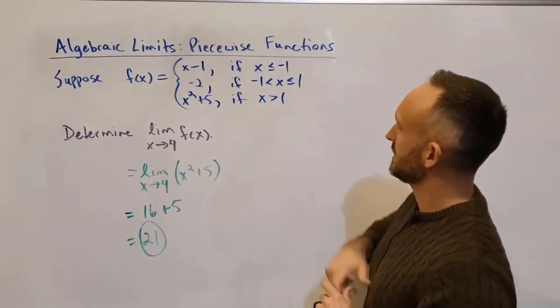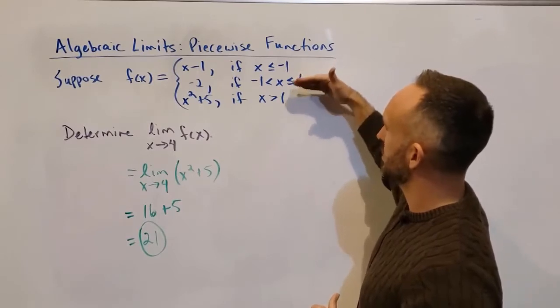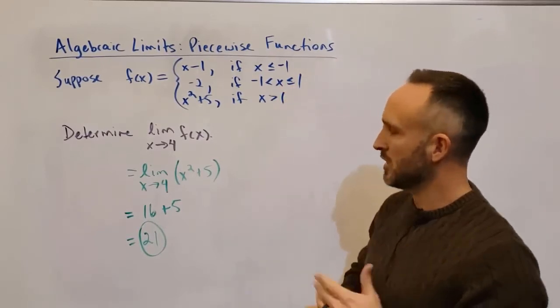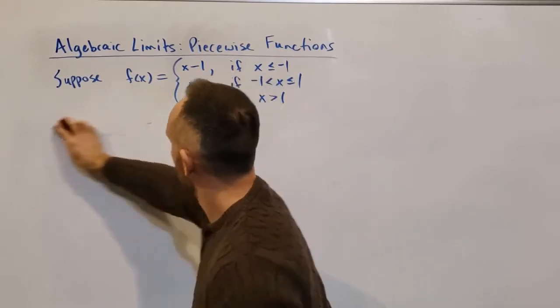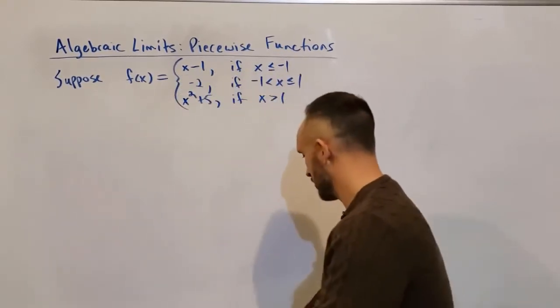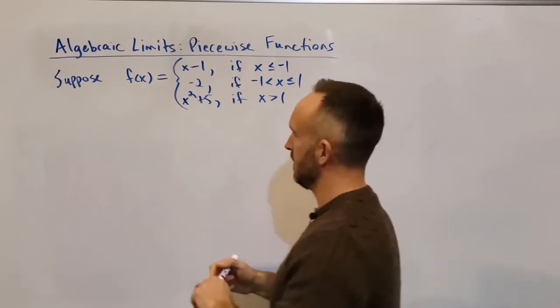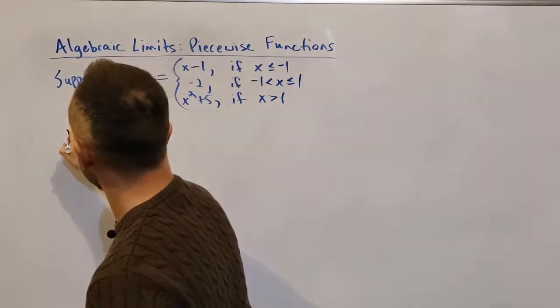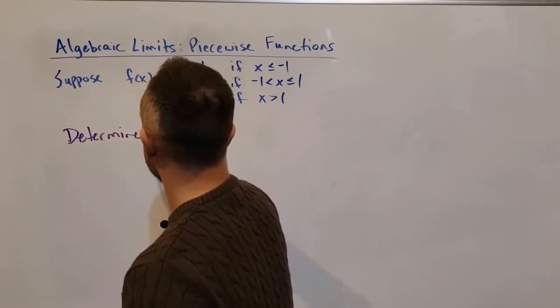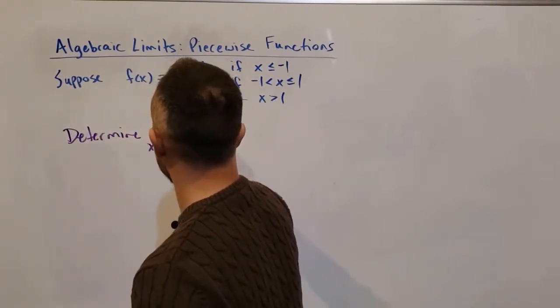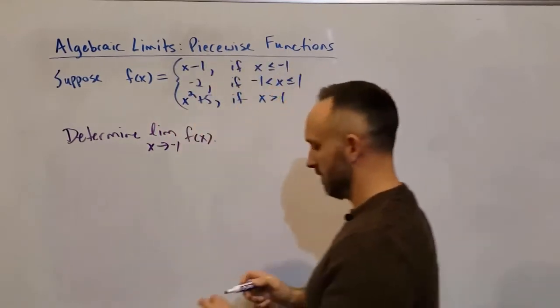Positive 1 is also an x value of interest because that's another x value where the output shifts from one to another. Okay, so let's look at the limit as x approaches negative 1 of f of x. So determine the limit as x approaches negative 1 of f of x.